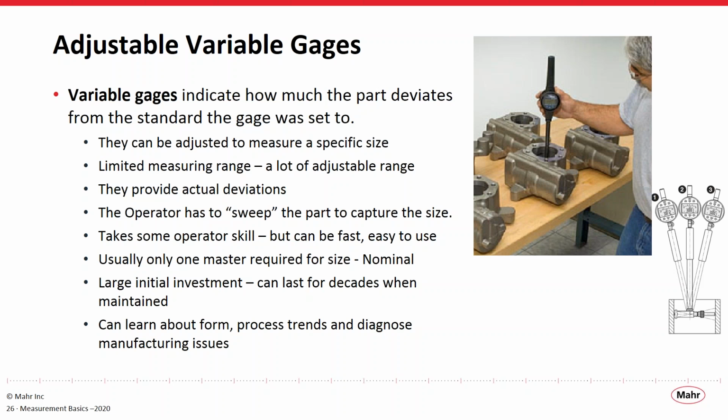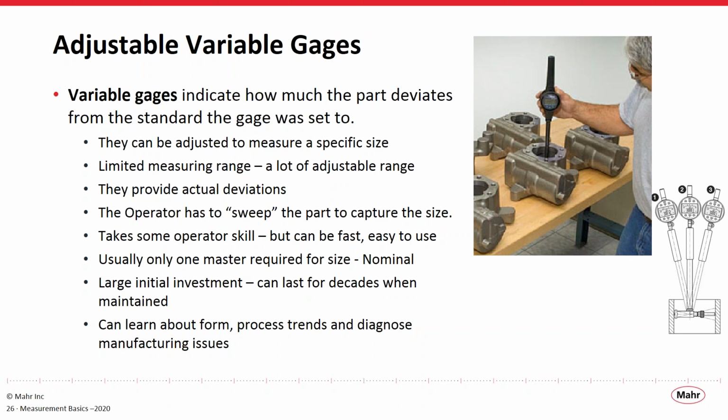They provide, again, actual deviations compared to a master, but in this case, the operator has to sweep the part to capture the size that he's trying to measure. Therefore, it takes some operator skill, but with the right practice and experience, they can be fast and easy to use. They usually have only one master for the size we're going to measure, the nominal master.